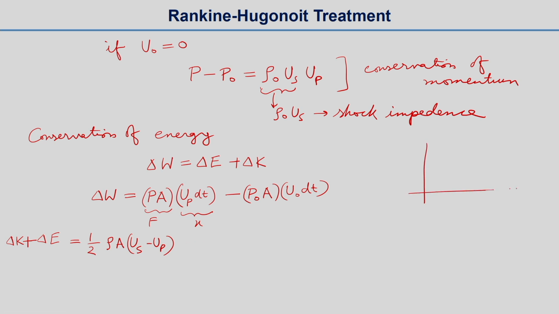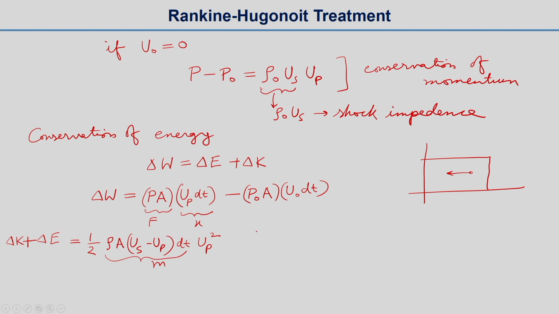If you can draw again this shock front, this way we are showing the kinetic energy. This is the m, and v square is up square.